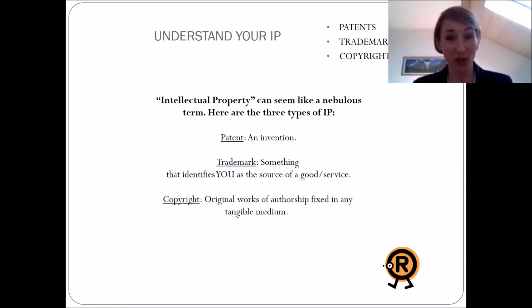Patents, which we think of generally as an invention. A trademark, which is something that identifies you, your company, as the particular source of certain goods and or services, and copyrights.